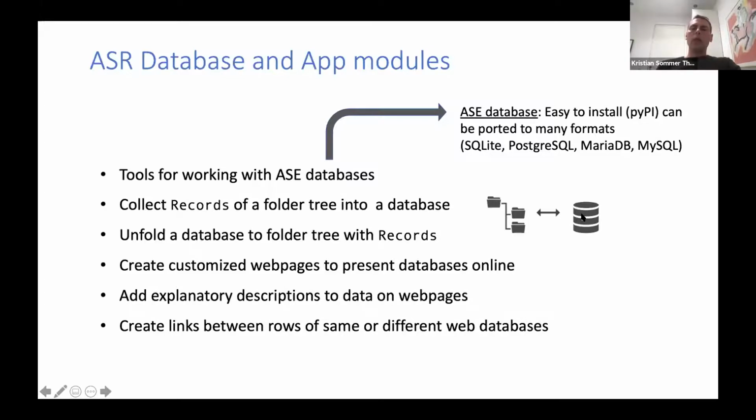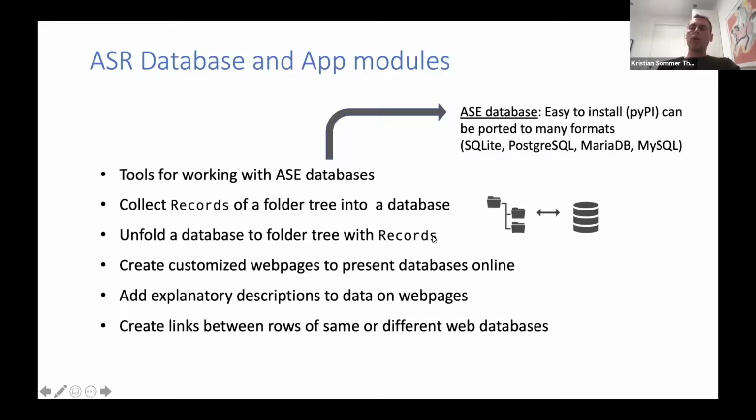And then once you have a database, you can create web pages easily. And I say easily because the recipes actually have a part in them that tells how it should be formatted, how the results should be shown on a web page. So again, as a user, you don't have to do much if you have an ASE database consisting of records.